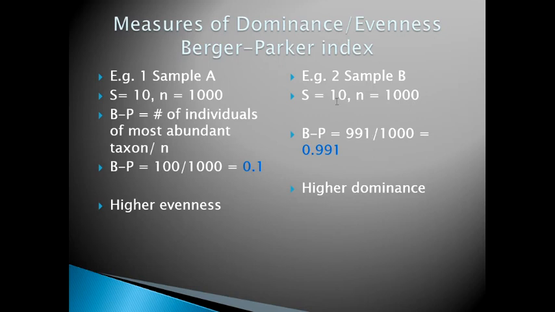Sample B, you have the number of individuals of the most abundant taxon is 991 divided by 1,000 equals 0.991. This one measures dominance, and so the higher the number for this index, the more dominance you could say in the community.